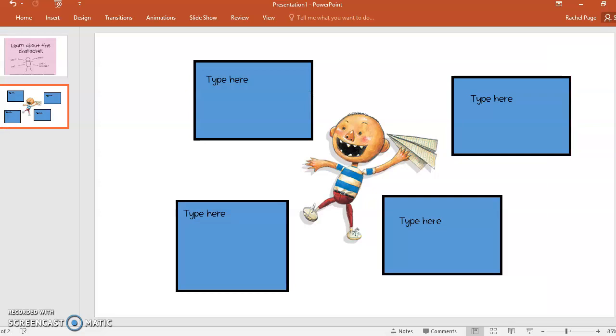So, David. Who is the main character here? Well, it is David. David is a boy. Maybe kindergarten, first grade age. So we'll say he's 6 or 7 years old. He is a troublemaker.